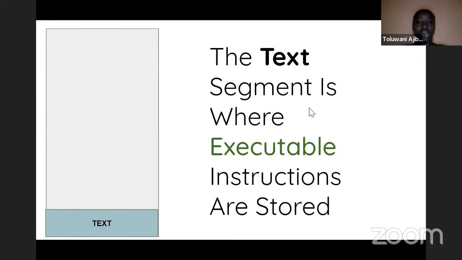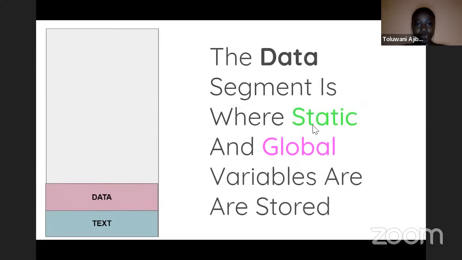Yes, I'll go ahead to explain some terms in memory. So this is currently what the memory looks like. The text segment is where executable instructions are stored. The data segment is where static and global variables are stored. Static variables are variables whose lifetime is the entire runtime of the program, while global variables are variables that can be accessed globally.